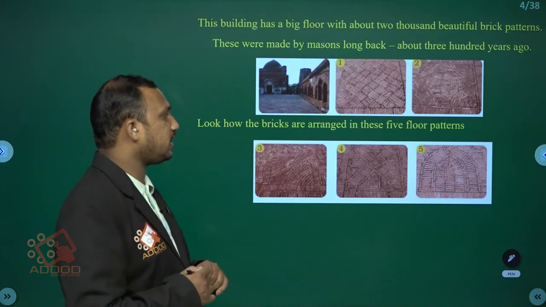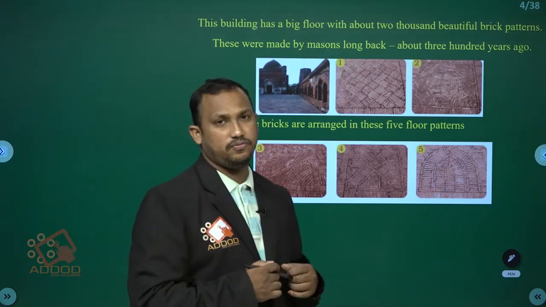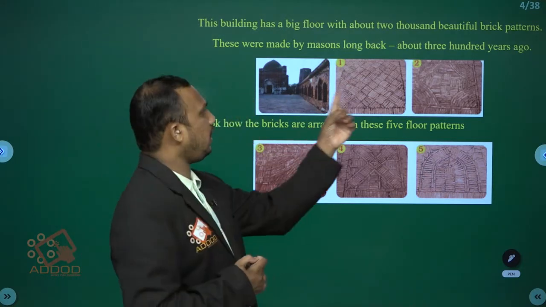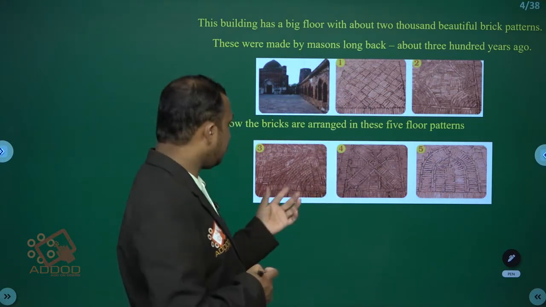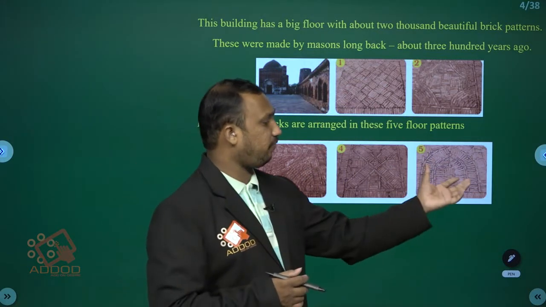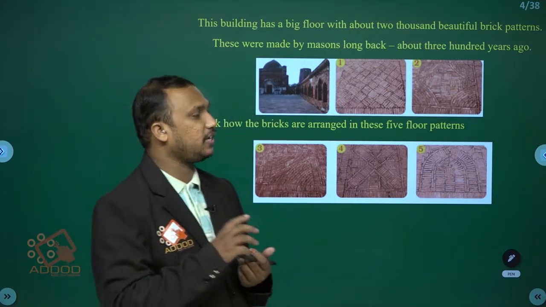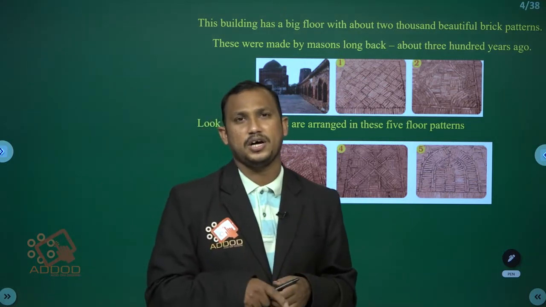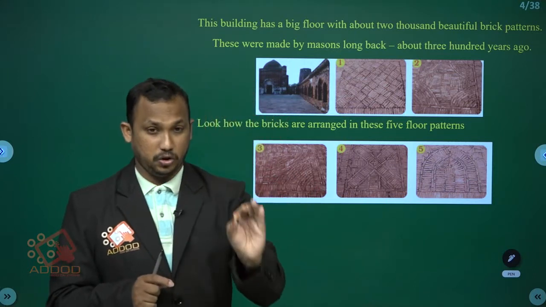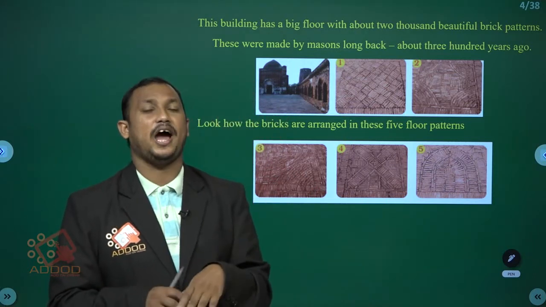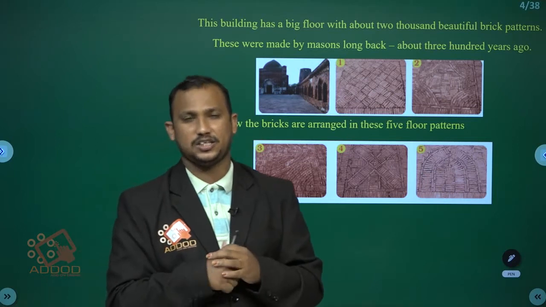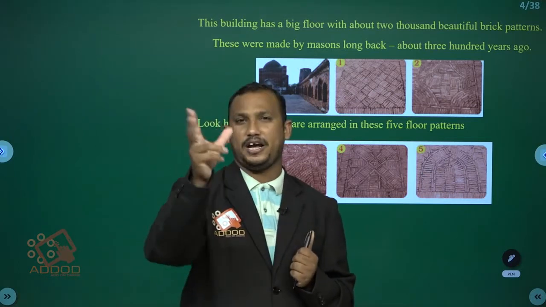Look how the bricks are arranged in these 5 floor patterns. So 1, 2, 3, 4, 5. See how it was arranged in different patterns. Nowadays we are not using these brick patterns. We are using colors, paintings, interior designs, glass items and everything.